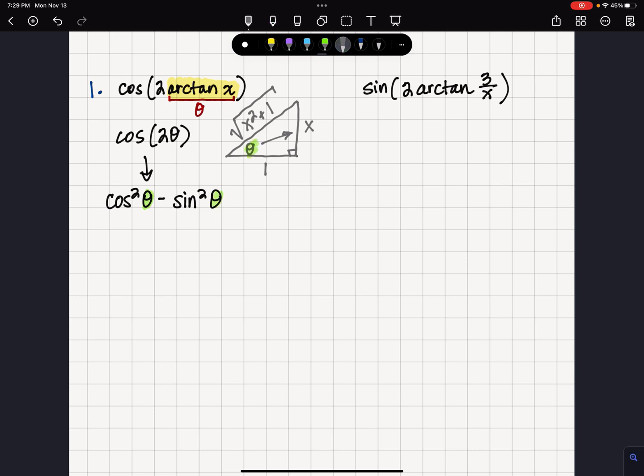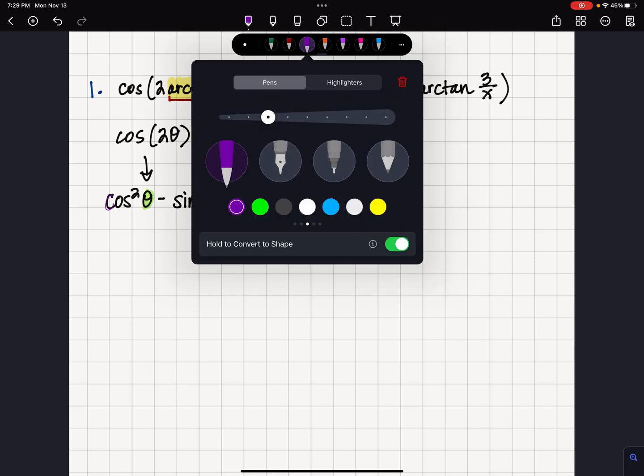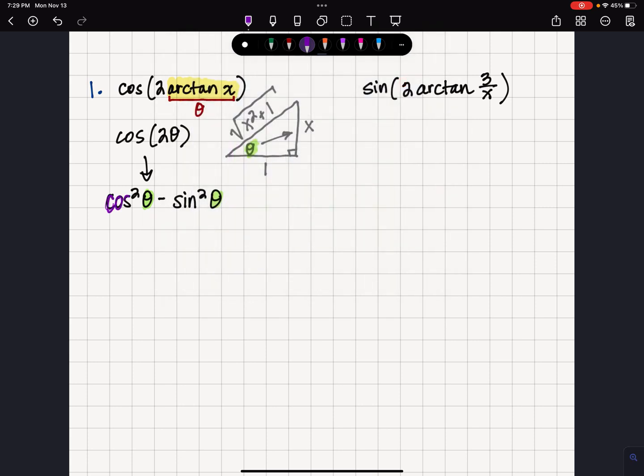So the cosine of theta is going to be the adjacent side. Here, I'm going to color code this for us. The cosine of theta is going to be 1 over the square root of x squared plus 1, adjacent over hypotenuse.